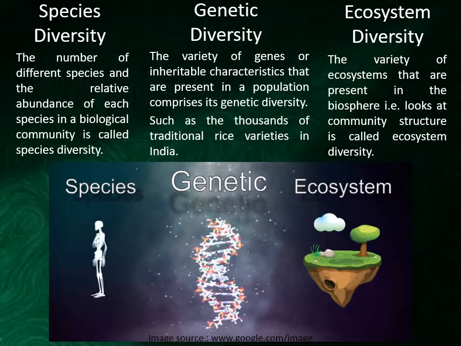They have their particular ecological setup, and depending on that setup, different organisms live in those conditions. So in ecosystem diversity, we are concerned about the different types of ecosystems present in a region or in the studied area.